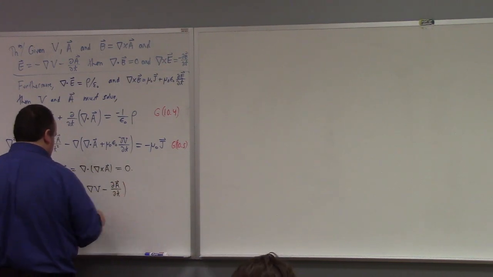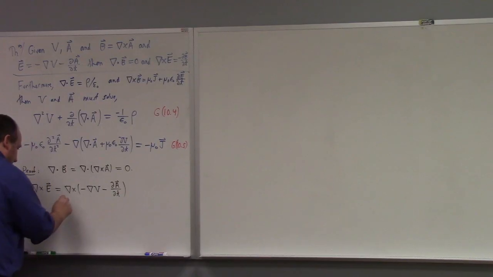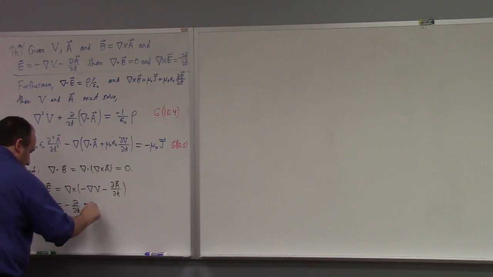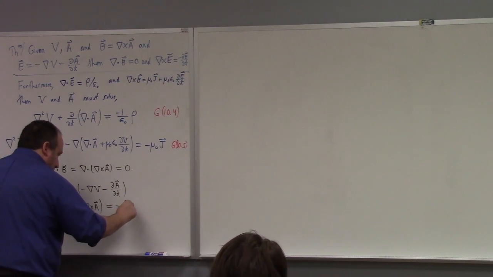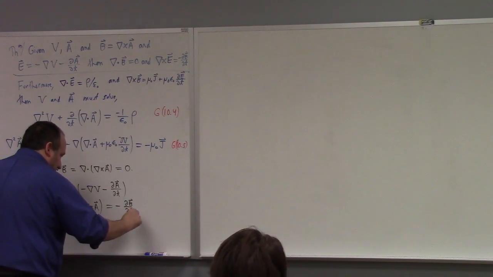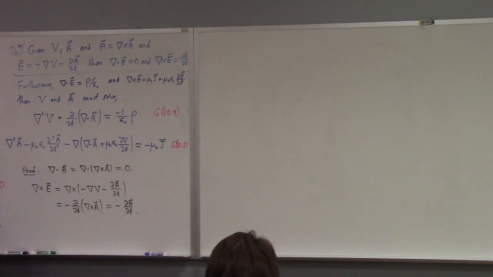The curl of the gradient is 0, so we've just got minus partial t of the curl of the vector potential. Aha! But that is the magnetic field. So we have minus partial B partial t, and we're done. There's Faraday's law. So no magnetic monopoles and Faraday's law both follow immediately from our potential formulation.